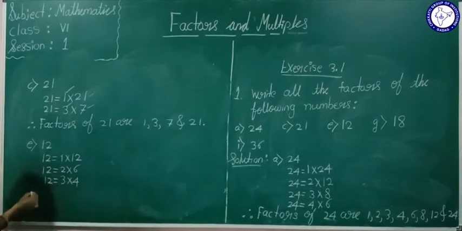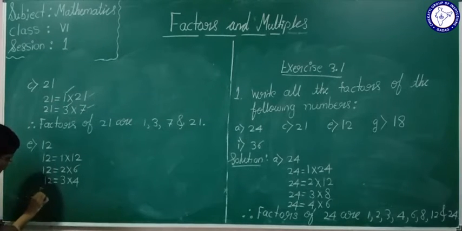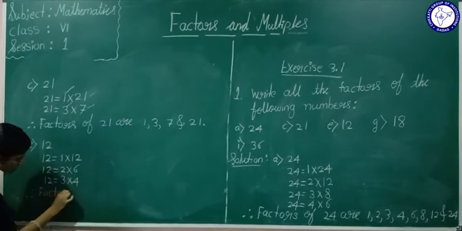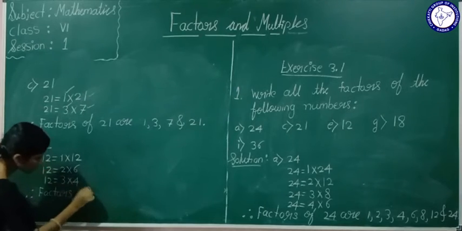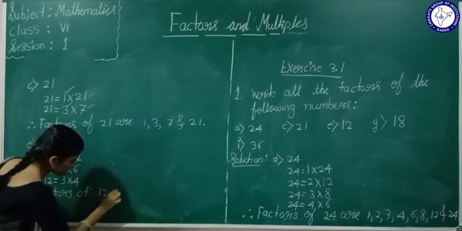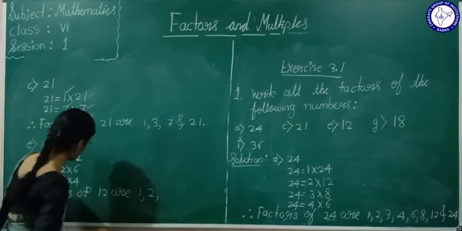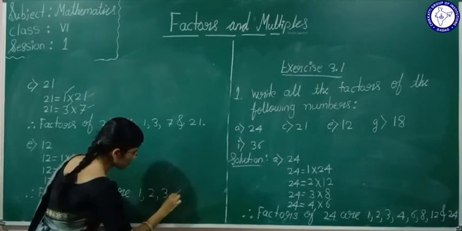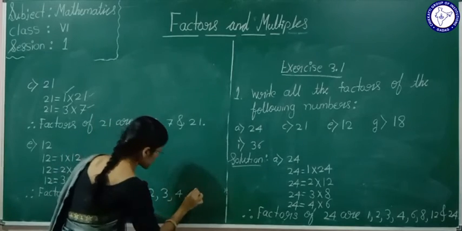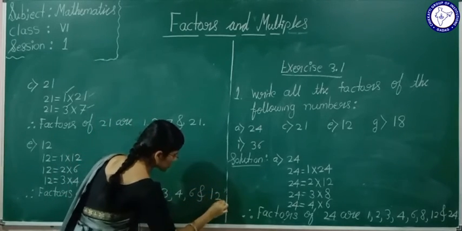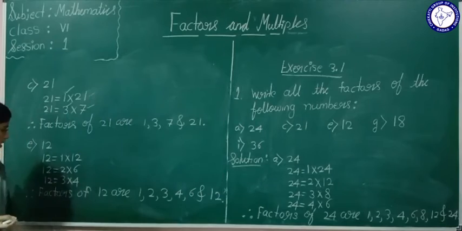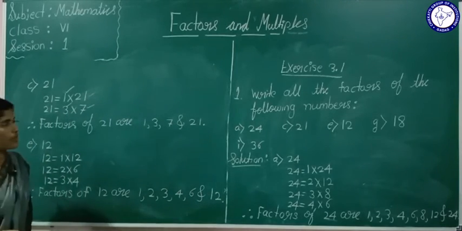No, right? Therefore factors of 12 are 1, 2, 3, 4, 6 and 12. Okay, these are the factors of 12.